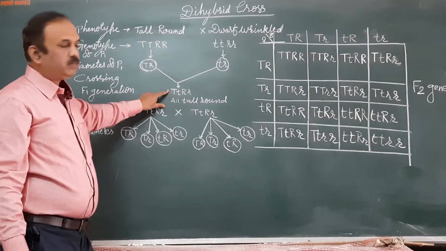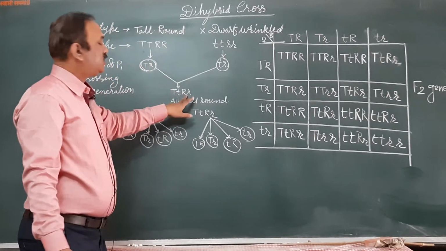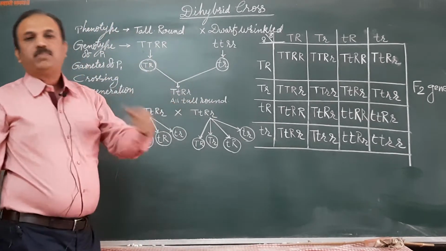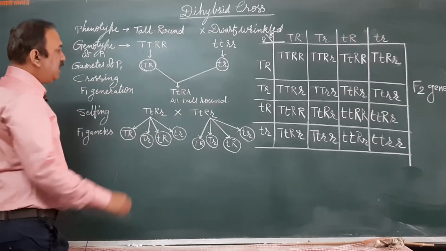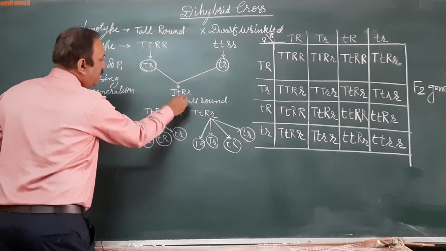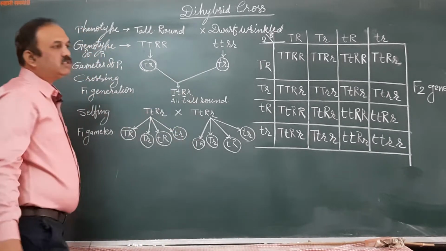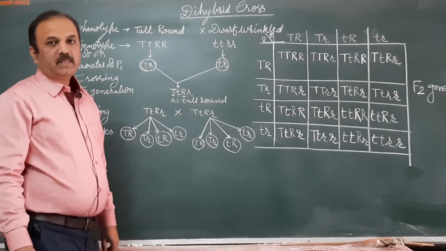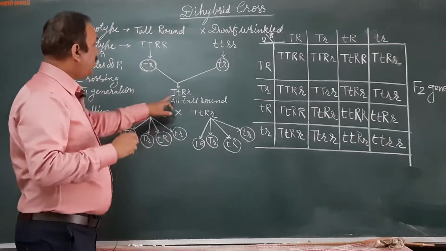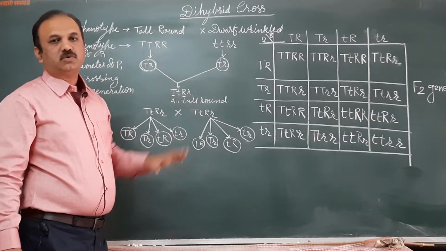The characters tall and round are expressed here. All the plants of the F1 generation will be tall and round, because in the presence of a dominant allele, the recessive alleles do not express. The gamete contains these alleles but the expression is suppressed.